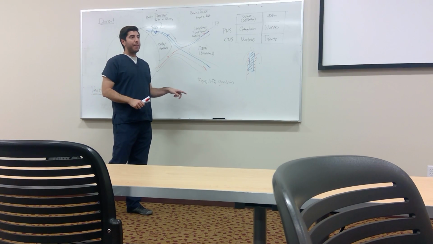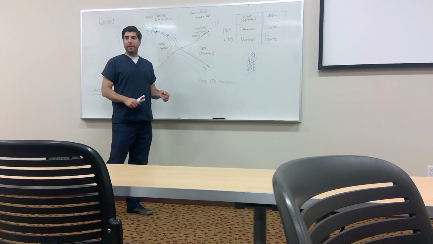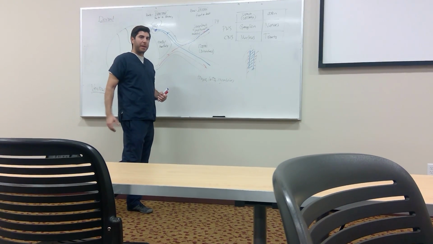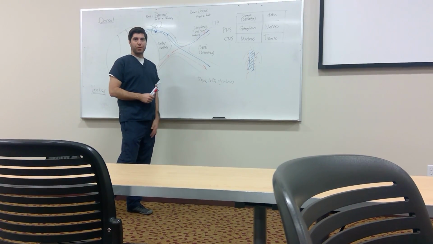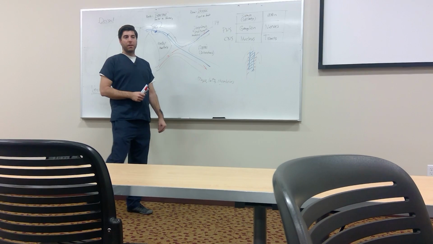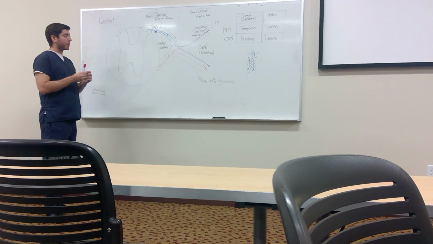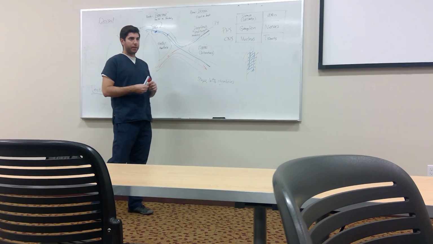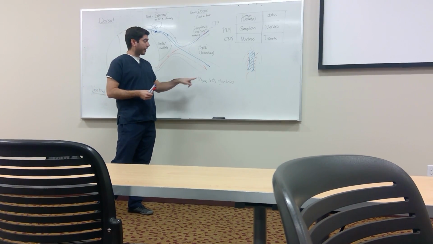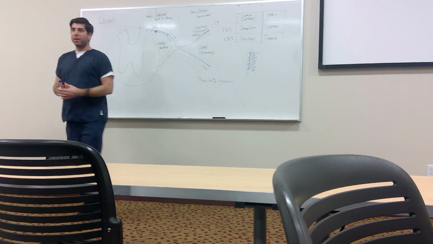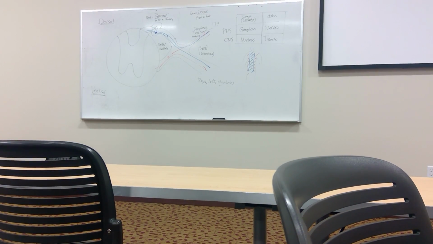One other thing is that everything to and from the limbs, with a very small exception in the back of the leg, goes through ventral rami. We can go over embryology to explain why, but I don't think it's that necessary. Everything for limbs comes from ventral rami, sensory and motor.